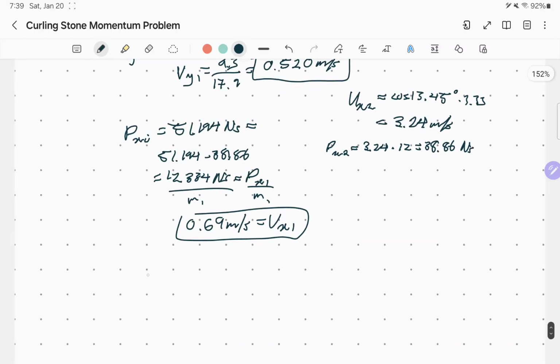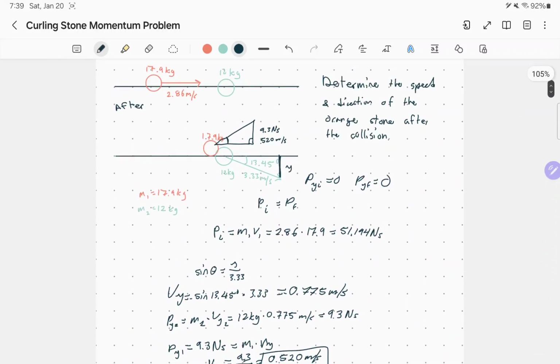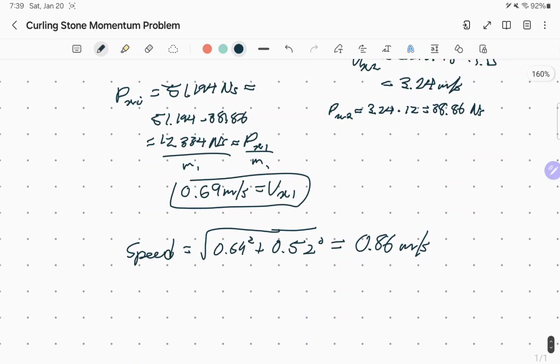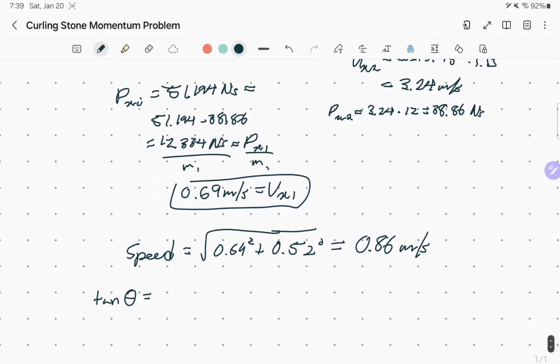So now we can calculate the speed and direction. Speed is pretty simple. Speed will be equal to the Pythagorean theorem of these two. If we just calculate it, 0.69 squared plus 0.52 squared gives 0.86 meters per second. And then for the angle, we can just use tan theta equals the y value over the x value, which is 0.52 over 0.69.